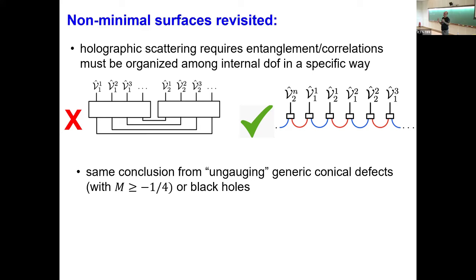And so, even though scattering isn't obvious in the boundary, you can imagine that given that data, you can reconstruct things in the bulk that are facilitating this scattering in the bulk.